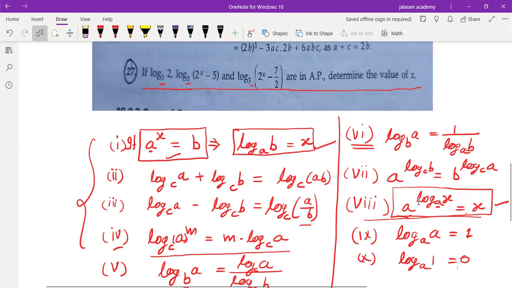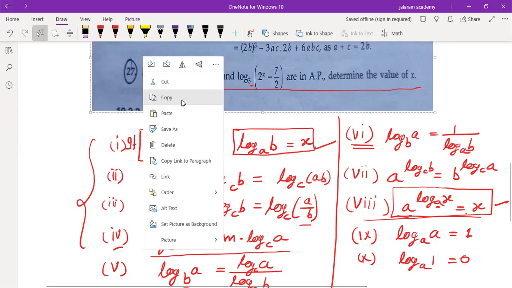So after writing all these properties and understanding them, we can solve the questions related to log. Now we can solve questions related to log, like this question.